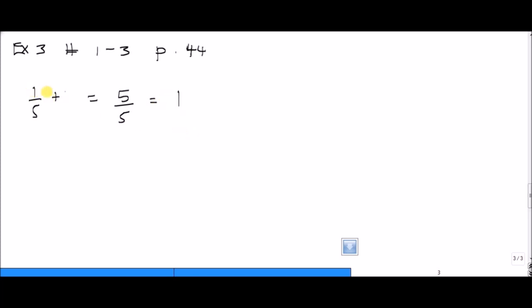So we could simply look at these and say I would need to add 4 more pieces out of 5 in order to get the whole. So my answer would be 4/5. I would need to add 4/5 in order to get the whole.